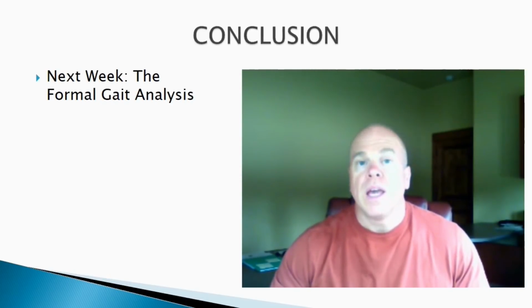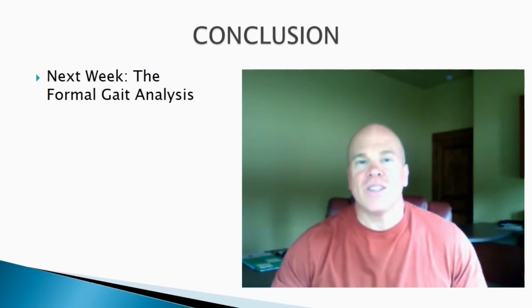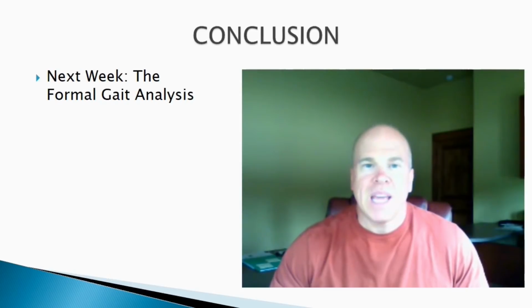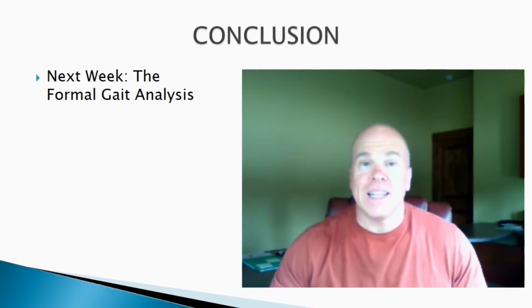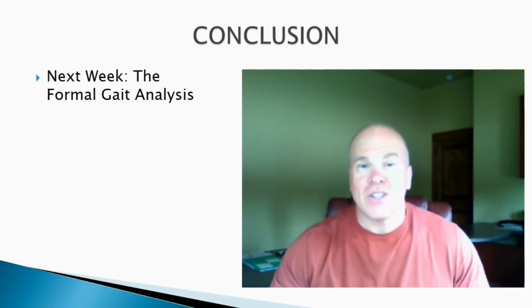And then I provided for you several examples of named gait signs and named gait disturbances with my homemade videotaping of Antalgic Gait and Trendelenburg Gait and the gluteus maximus lurch and other gait disturbances that we commonly encounter with our examinees.